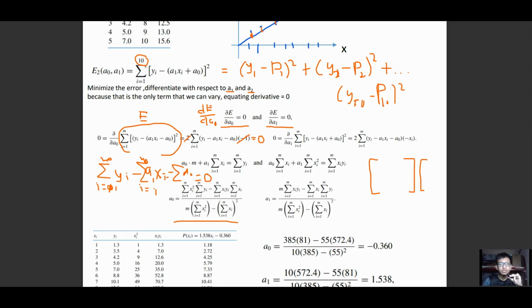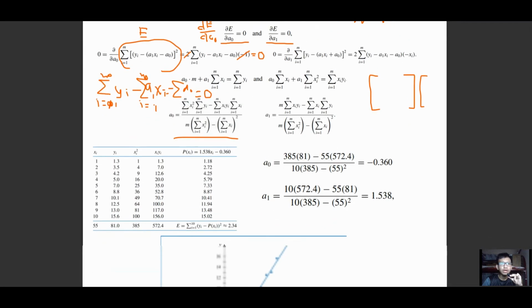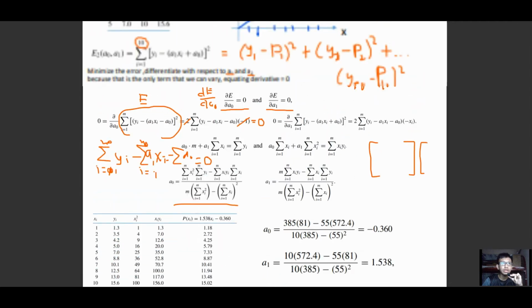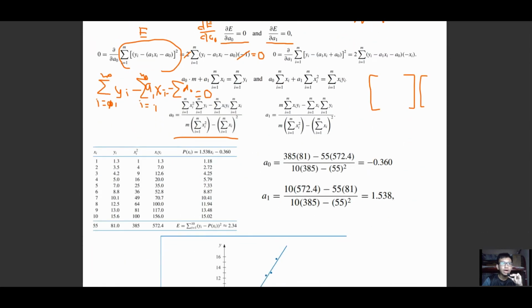Okay, and so this one is the table from here, 8.1. So we calculate the value of this sum, this sum, this sum, this sum, and the whole sum. We have to compute it accordingly.